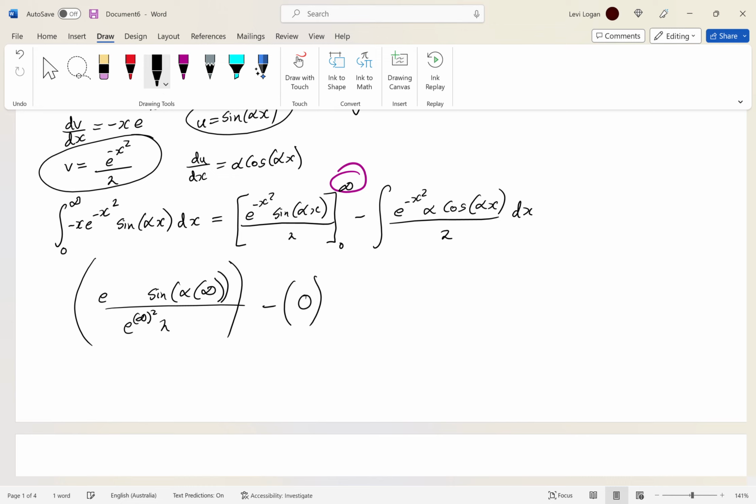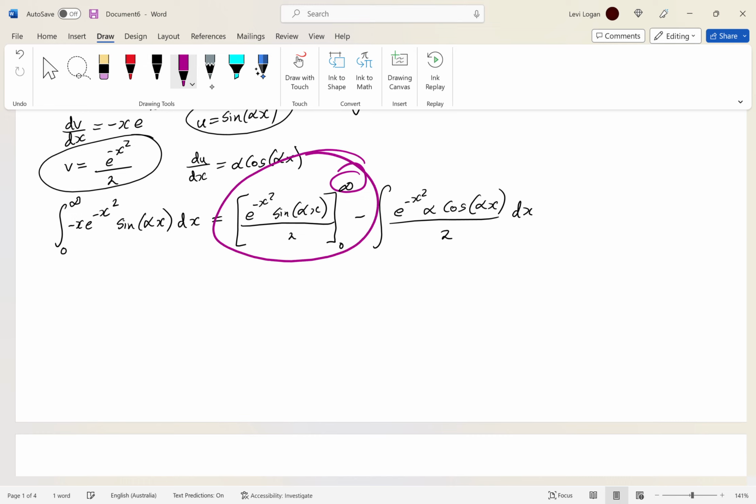So 1 over infinity, this exponential is going to increase significantly bigger than this sine, because the sine just periodically goes between -1 and 1 as it goes to infinity. But this number here is going to get bigger and bigger. So 1 over a really big number that keeps getting bigger, you basically have 0. So this whole bracket term in the by parts is equal to 0.